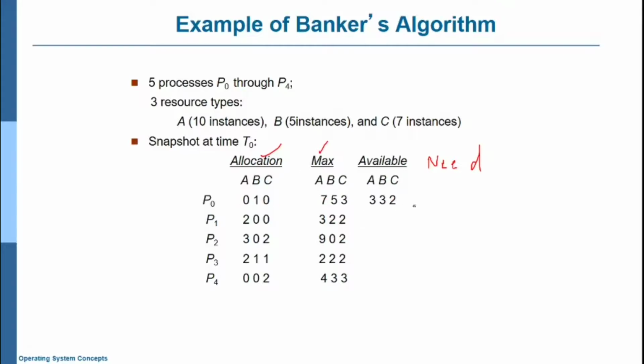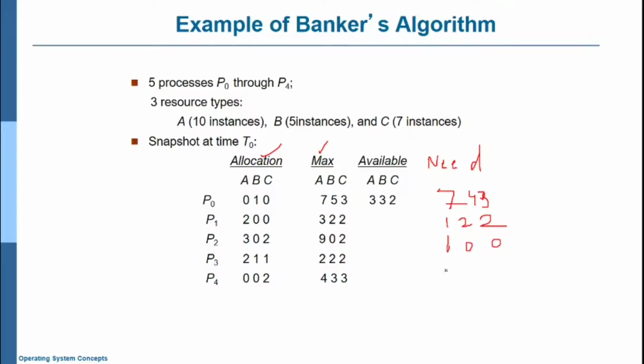So 7 minus 0, sorry, 7 minus 0 is 7. 5 minus 1 is 4. And 3 minus 0 is 3. And 3 minus 2 is 1. And 2, 2. And 9 minus 3 is 6. And 0 and 0.